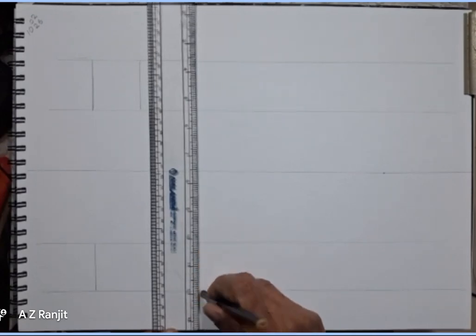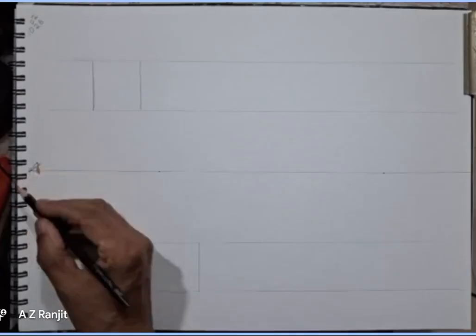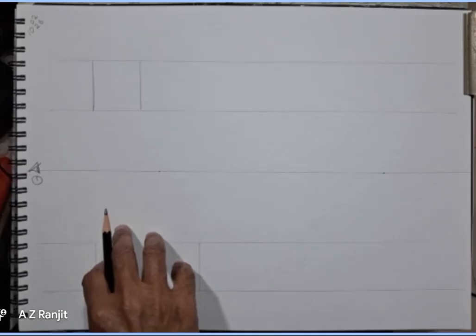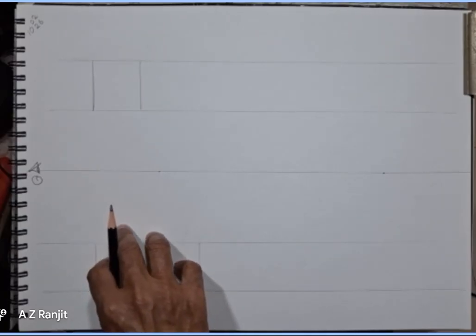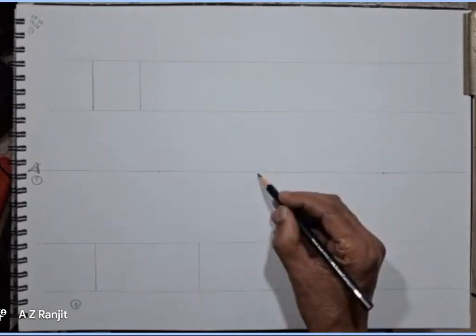Now the first thing that we did was the eye level line, or the horizon line. That is number 1. The second that we have to decide is the facade of the object that we are going to draw in perspective. That is 2. Once that is done, we decide, I'm going to draw everything to vanish here.